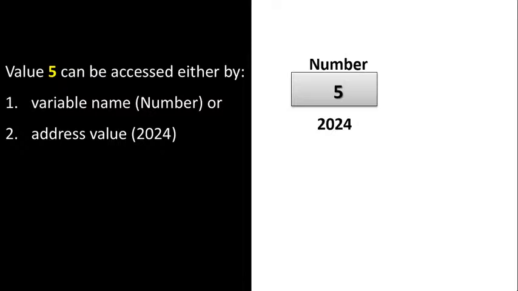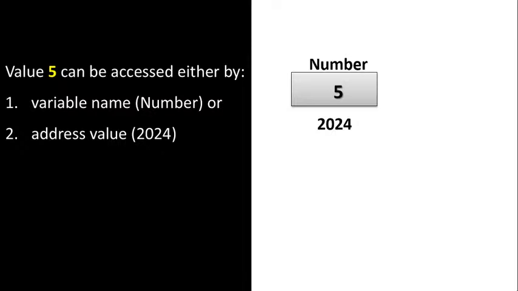So in order to access a particular variable, we can either use the variable name, in this case number, or we can use the address value. In this case the address value is 2024, but it becomes very hectic to always keep track of address values. That's why we follow a very simple method of using variable names.